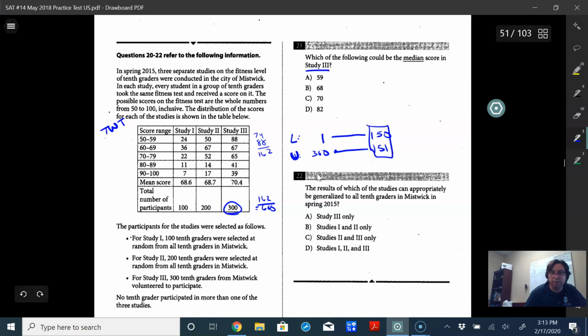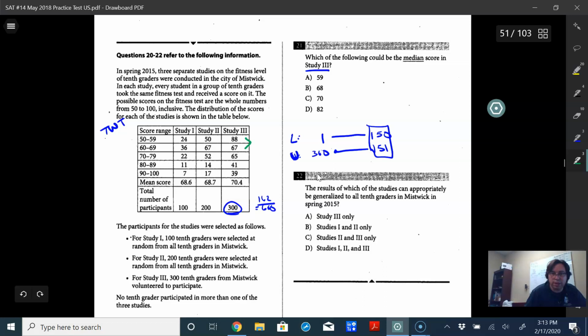So these values are going to be in the middle. We're not really concerned about what they are, we just want to know where they happen to exist. In the first one, we see there's 88, and in the second one, we see there's 67. Let me go ahead and erase what I have here to make this a little easier.